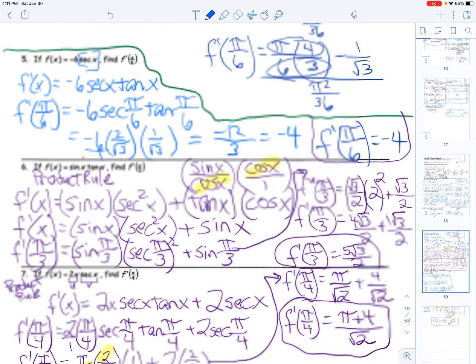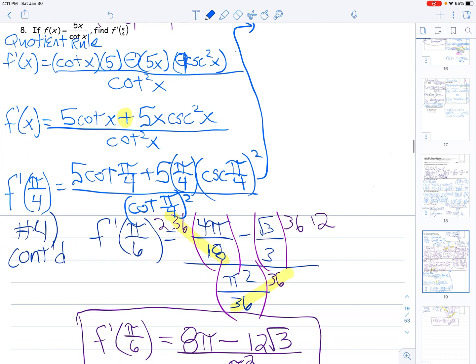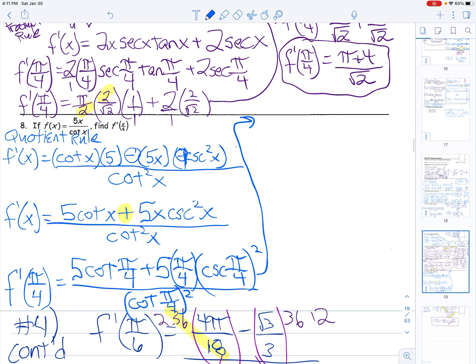All right, let's see. Where were we? All right, so 5 times cotangent pi over 4, which is 1, plus 5 times pi over 4, that's 5 over 1, is 5 pi over 4 times the cosecant of pi over 4.